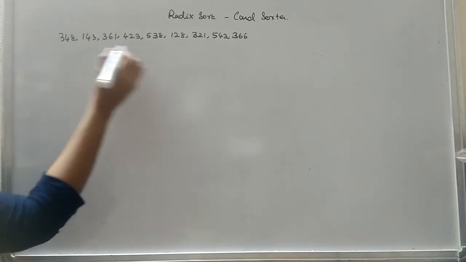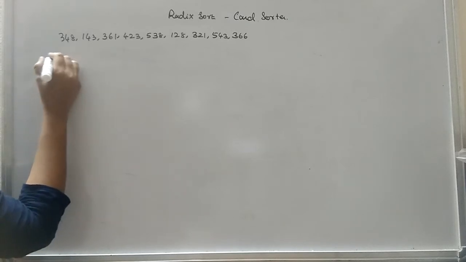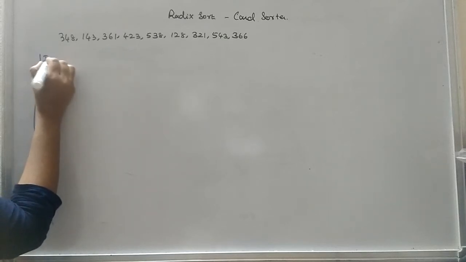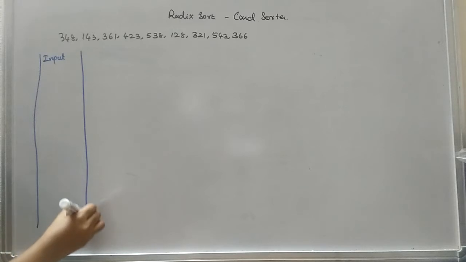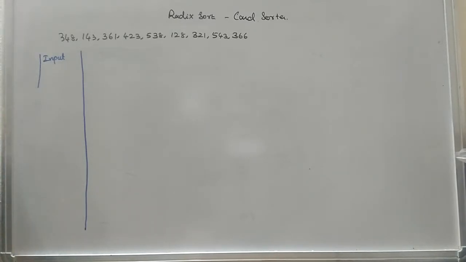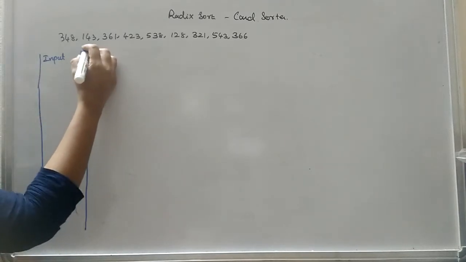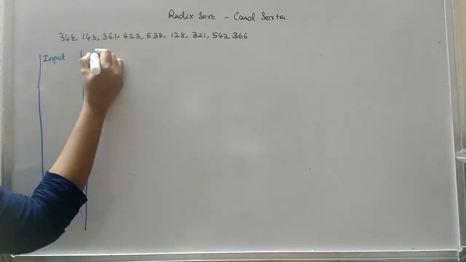Since we have mentioned the radix value as 10, at first we have to draw the table. In the first column you can write input, and then you have to create the pouches.